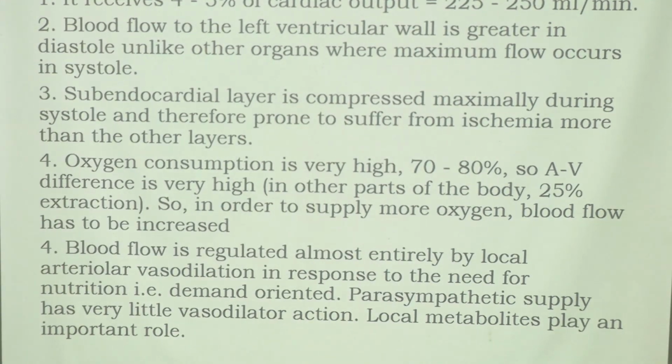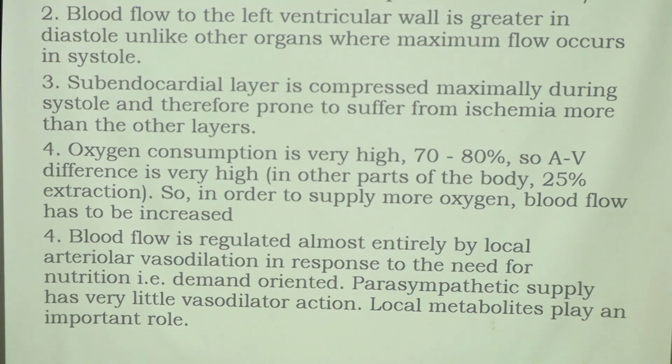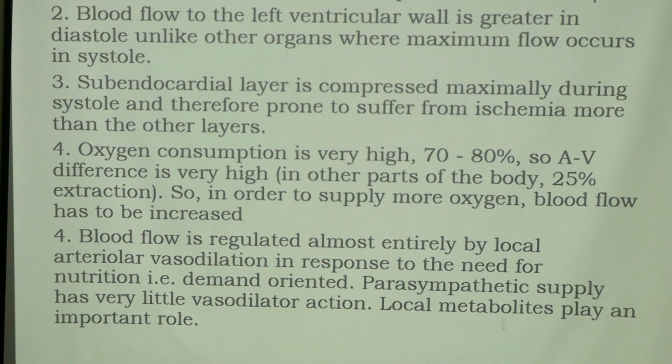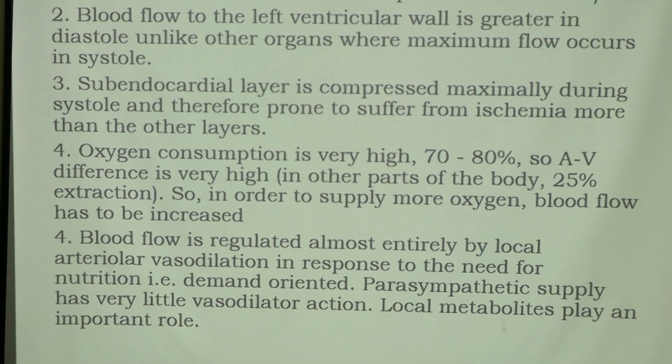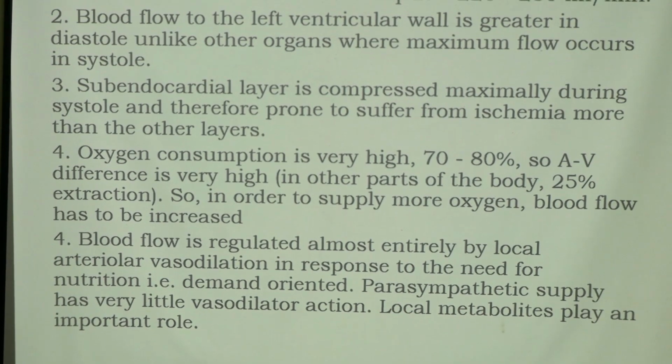Okay. Blood flow to the left ventricular wall is greater in diastole. That is also explained. The subendocardial layer is compressed maximally during systole and is therefore prone to suffer from ischemia more than the other layers. Convinced? It has been explained.